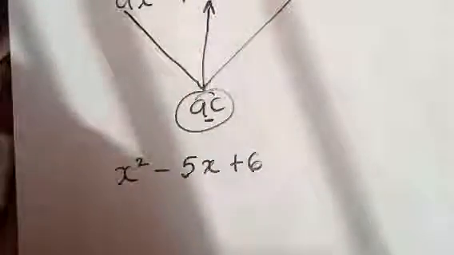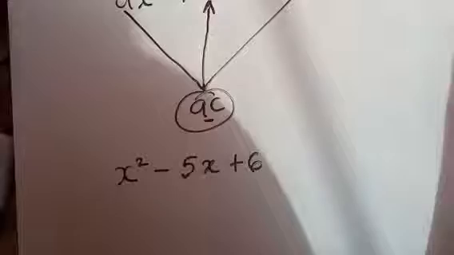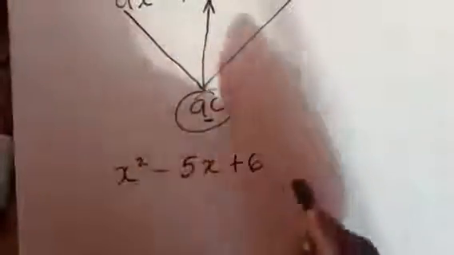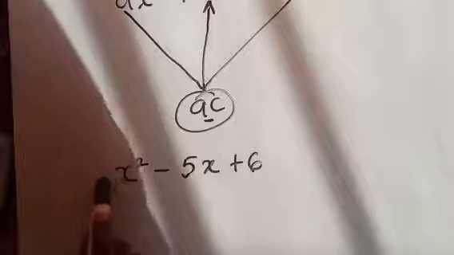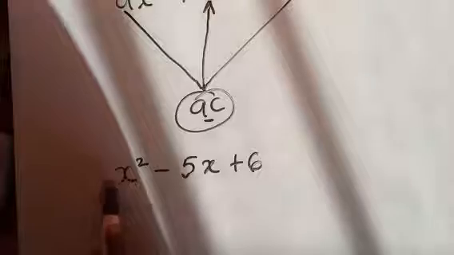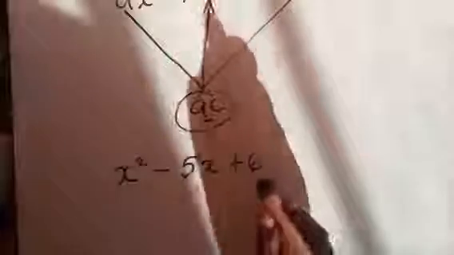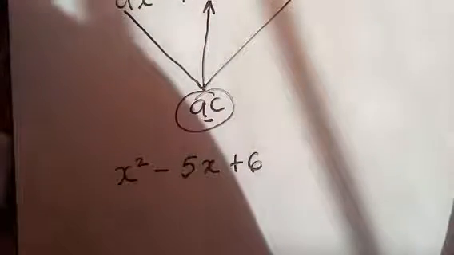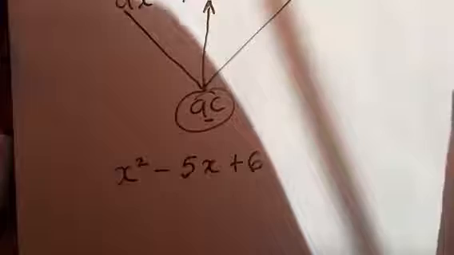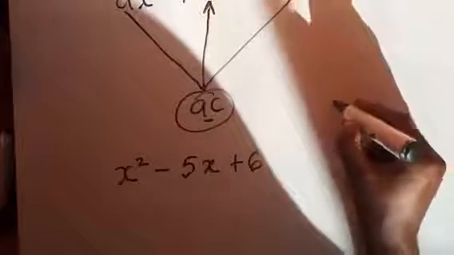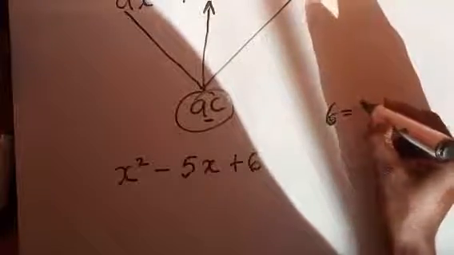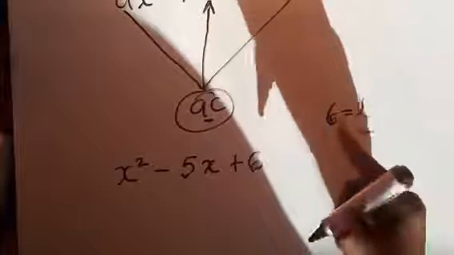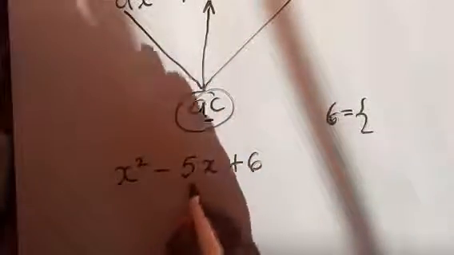So what we are going to do is multiply the coefficient of x squared, which is a, here 1, by the constant 6. So 1 times 6 is going to give me what? 6. Okay, if 1 times 6 gives me 6, then I find the factors of 6 that when we sum up will give us negative 5.